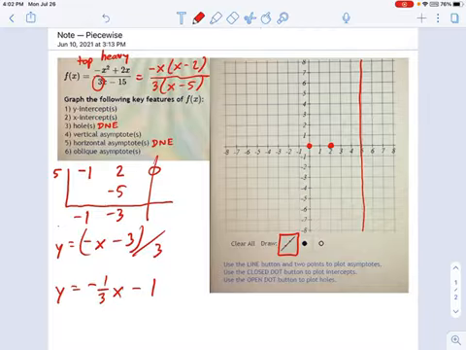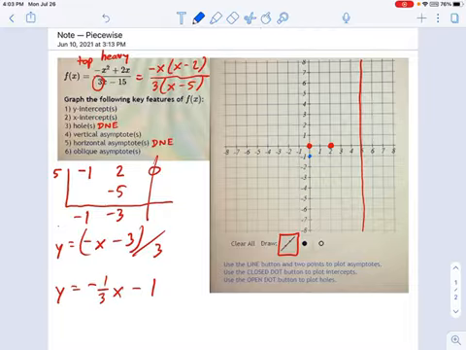So using this line button, we're still clicked on that one, so that's good, I'm going to draw this line on the graph. And remember, you have to connect 2 points. So the way we'll do that is I'll just mark points that I will use to connect my line. I know that negative 1 is one of them, because if you plug in x equals 0, you get 0 minus 1 equals negative 1.